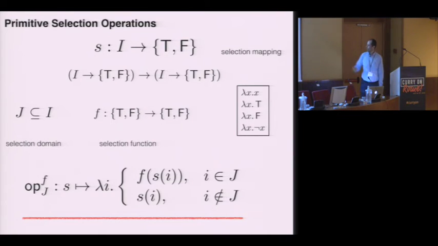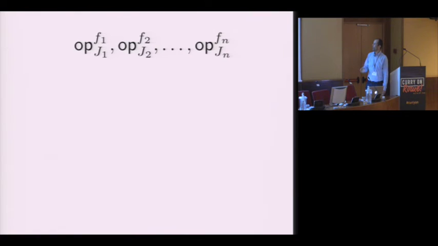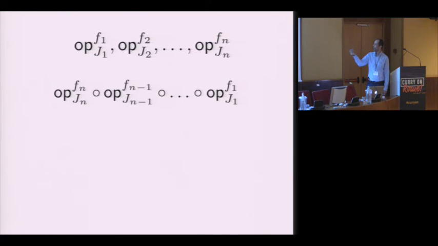With these, we can provide the smallest unit of changing the selection, which says this primitive selection operation is determined by this function f and by the set j, and we apply f to the current selection state of the element if it's in j, and if it's not, we leave it the way it was. Okay. So now all changes to selections are going to be just sequences of these operations, which conveniently enough, their joint effect on a selection is just a composition of these functions.